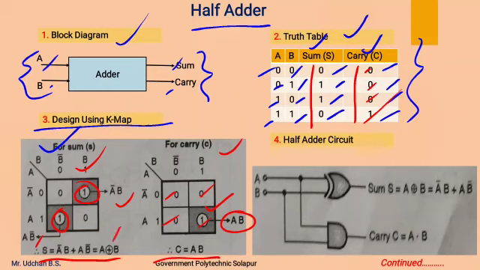Now from these two equations, we can draw a half adder circuit which has two inputs A and B and two outputs sum and carry.